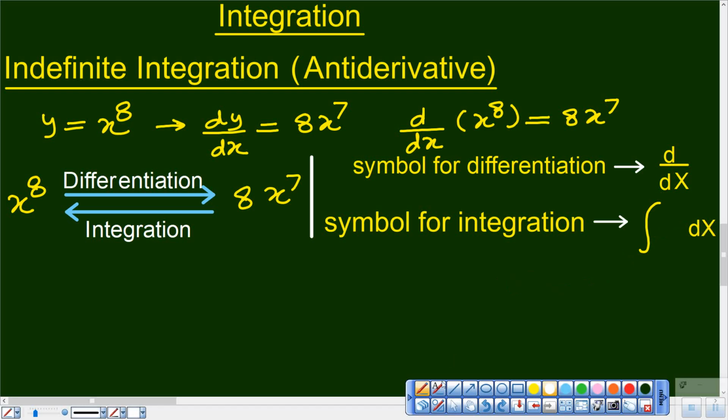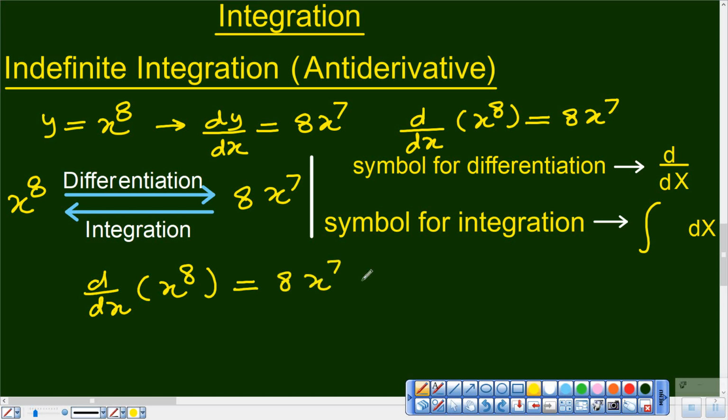So if this information is translated into mathematical symbols, when x raised to the power 8 is differentiated, it gives you 8x raised to the power 7, meaning d by dx of x raised to the power 8 is equal to 8x raised to the power 7.